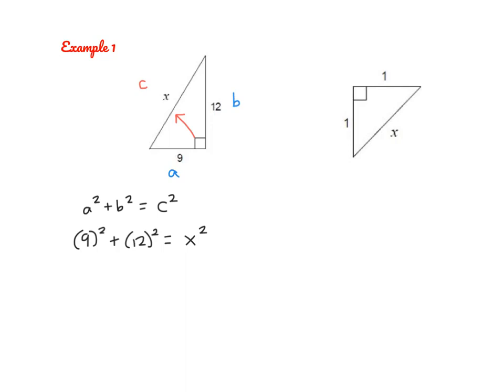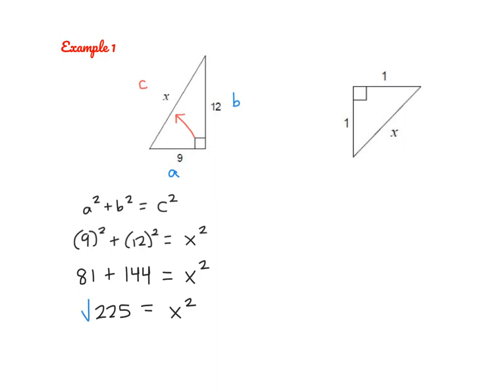We know that 9 times 9 is 81, and we know that 12 times 12 is 144. So we get 225 equals x squared.